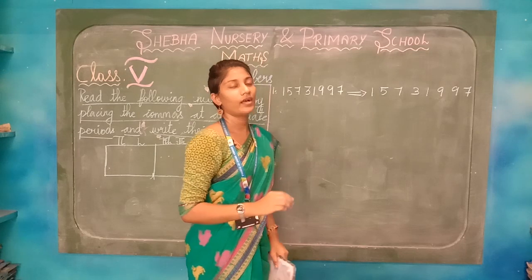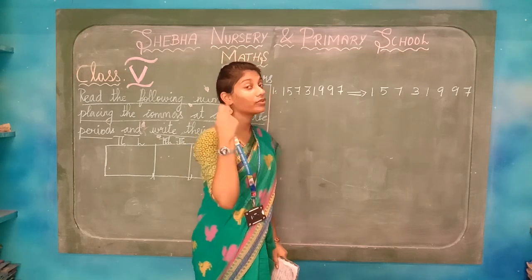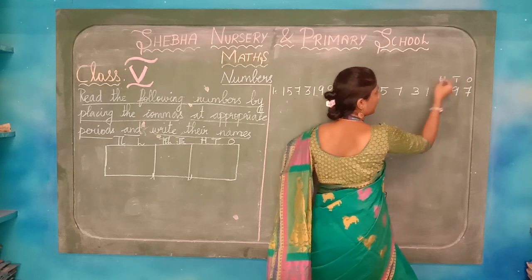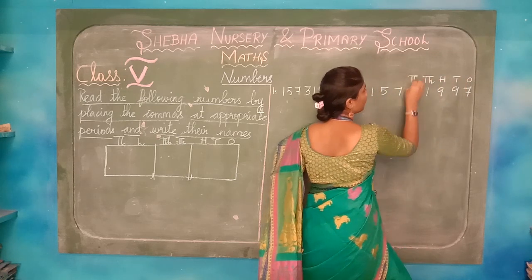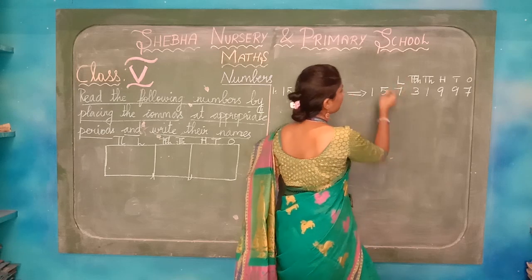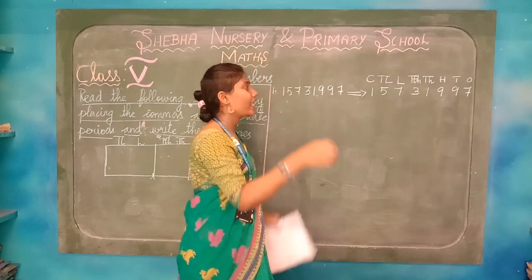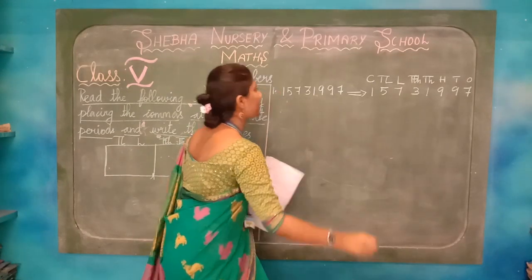Okay children, and then first you have to write above the numbers: ones, tens, 100, 1000, 10,000, lakh, 10 lakh, crore, and then move to write their names. Okay children, we have to write their names.